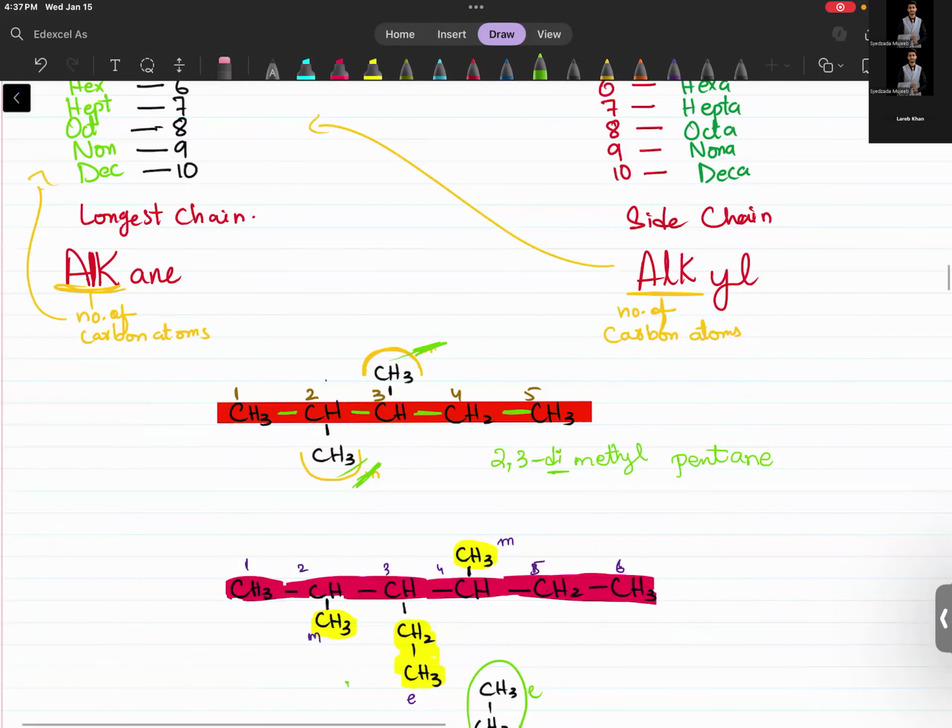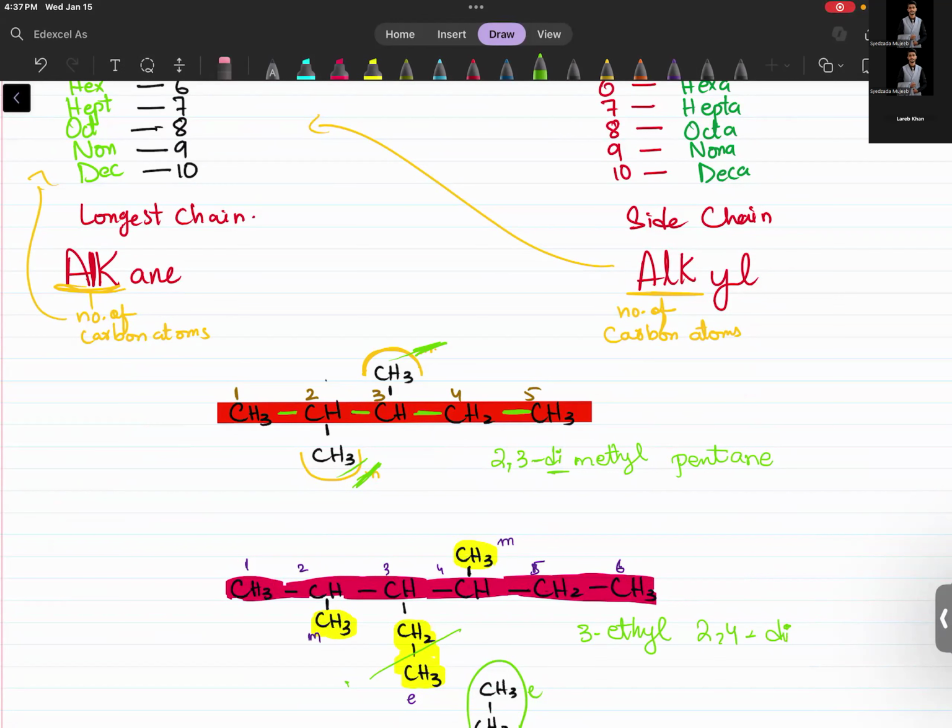So this is E. So I will be writing the name as 3-ethyl. It means I'm done with this. Then I have methyl on the second and the fourth carbon. 3-ethyl, and on the second and the fourth, as we have 2, it means the 2 means di.